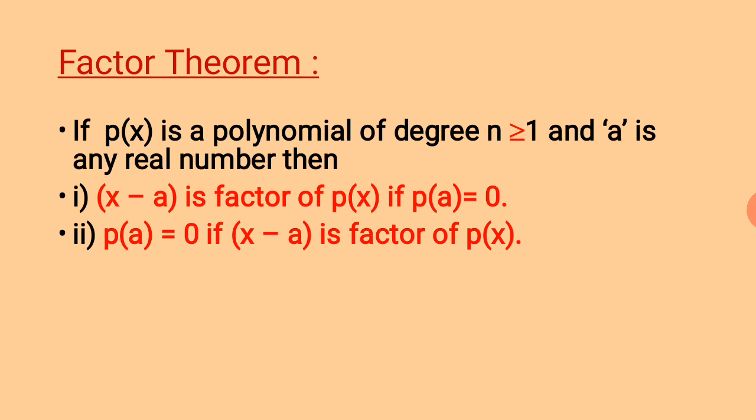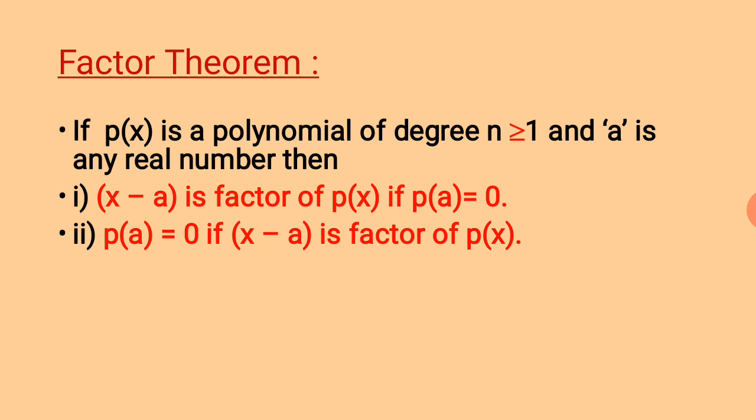With this, let's move to the next very important theorem, that is factor theorem. Children, we all know that the divisor becomes the factor of the dividend only when the remainder is 0. So here, if p of x is a polynomial of degree n greater than or equal to 1 and a is any real number, then first is x minus a is a factor of p of x if p of a equal to 0.